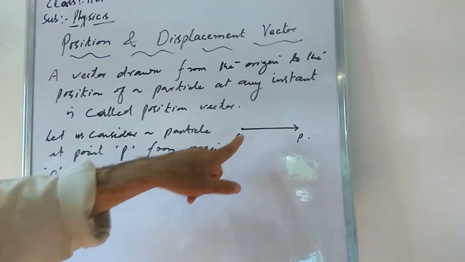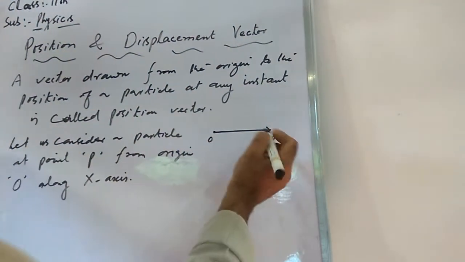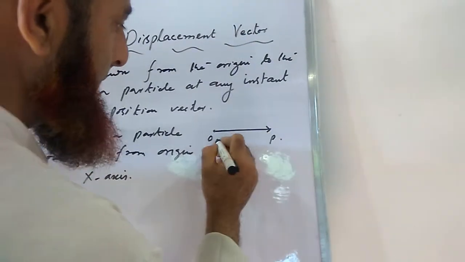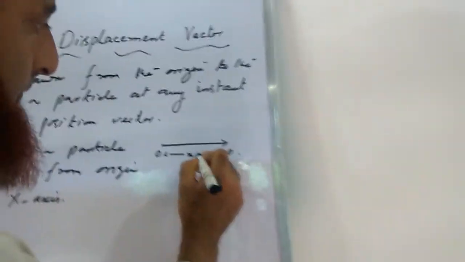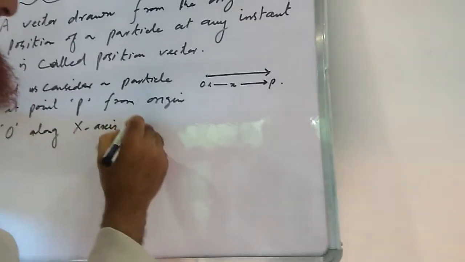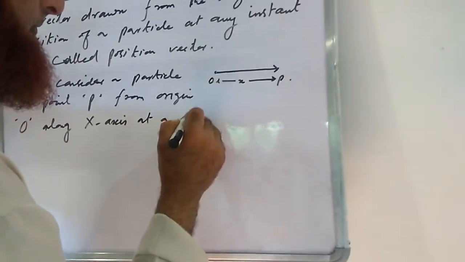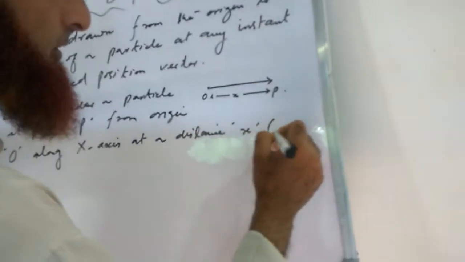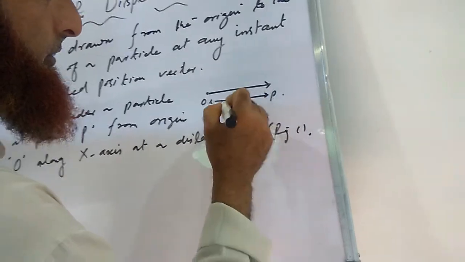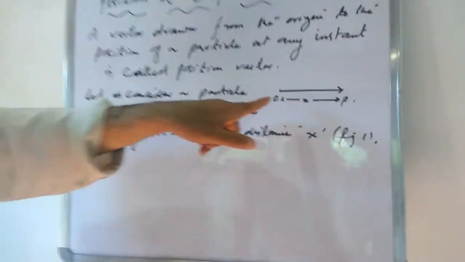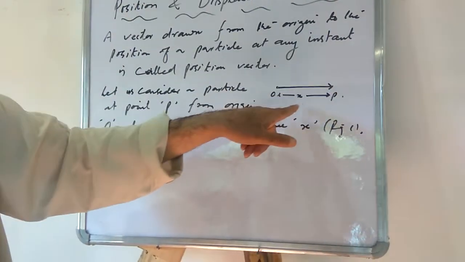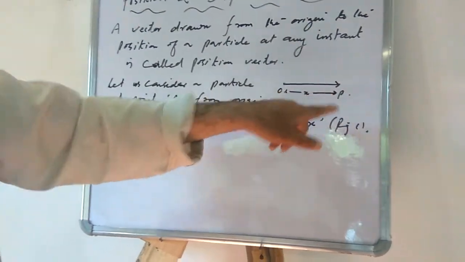Now look here. O is the origin. The particle is at position P at a distance x from the origin along the x-axis.